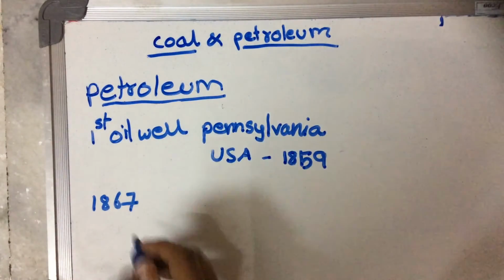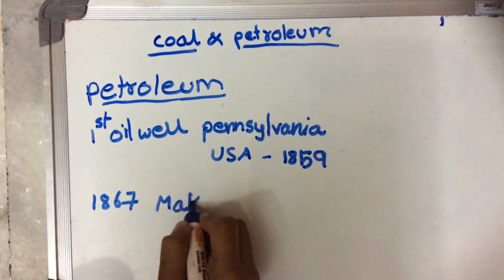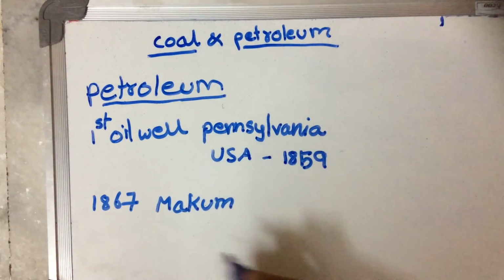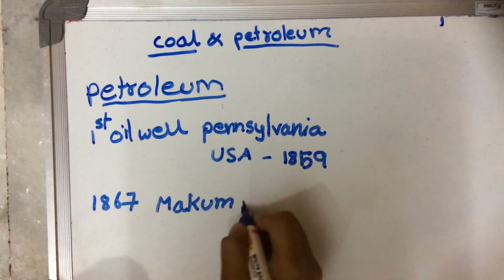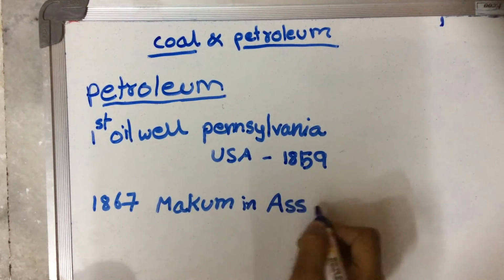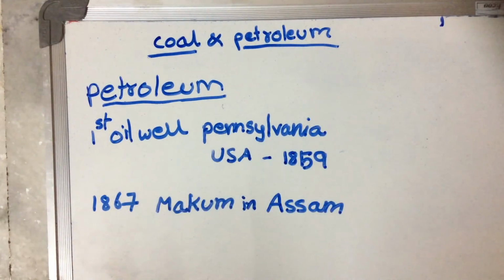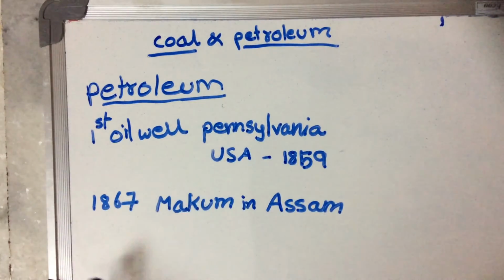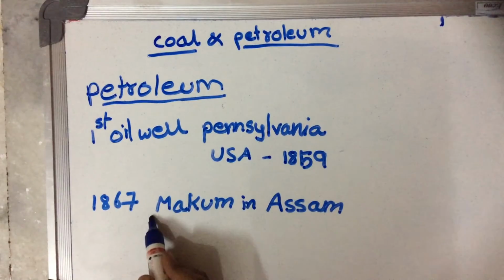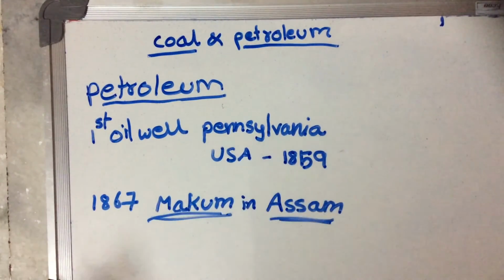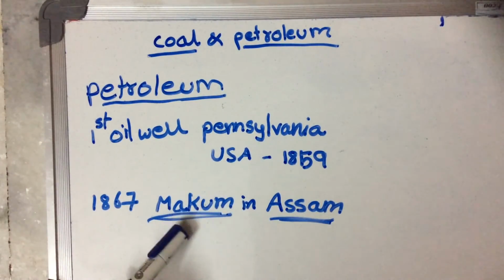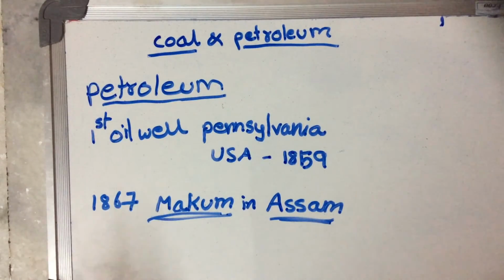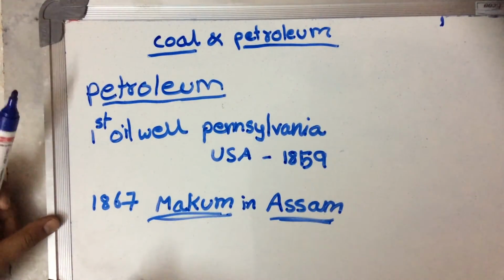I repeat, Makum, M-A-K-U-M, which is located in Assam. So in India, oil is found in Assam, Gujarat, Mumbai, and in the river basins of Godavari and Krishna.